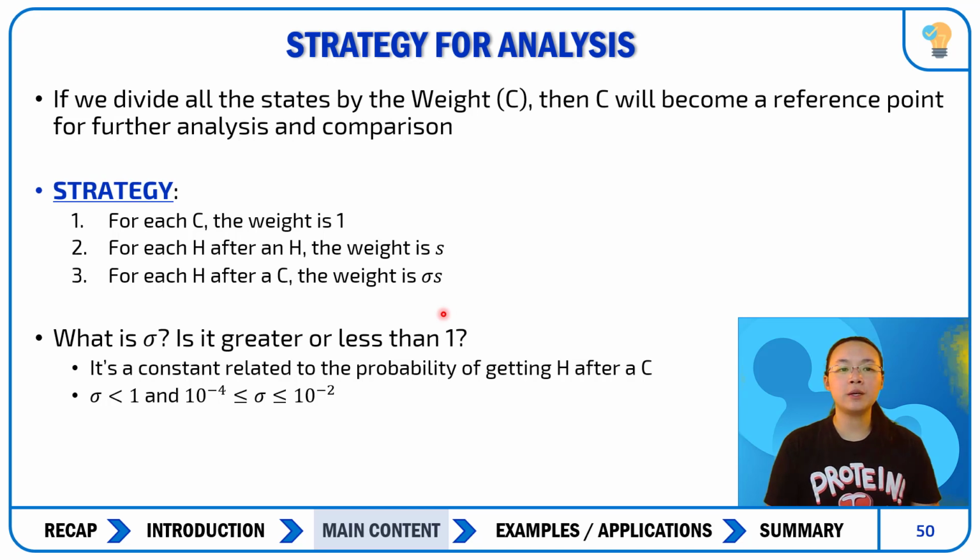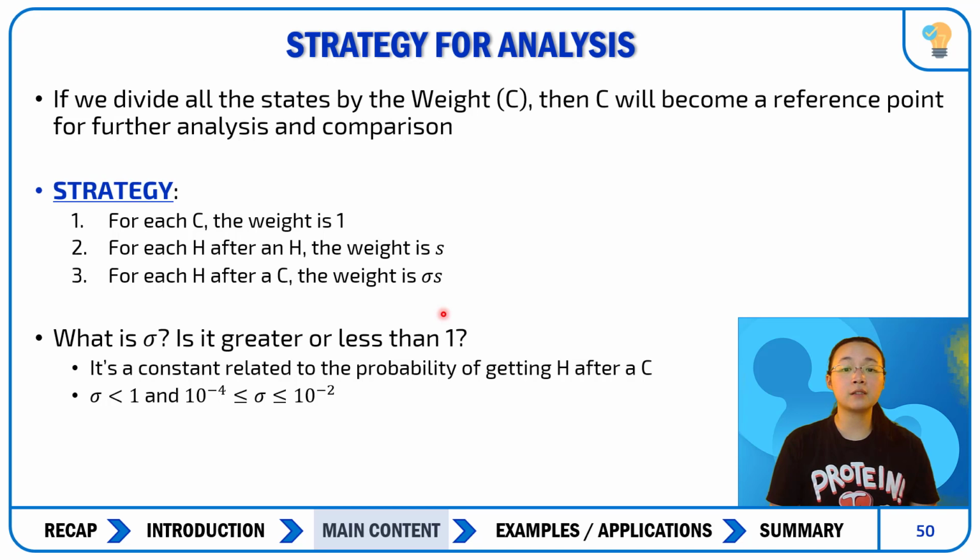Why sigma? Well, if we think about it, we had looked at the helix coil transitions before. The chances of getting an H after an H or a C are going to be different. So we have to introduce this variable to be able to differentiate between the two.